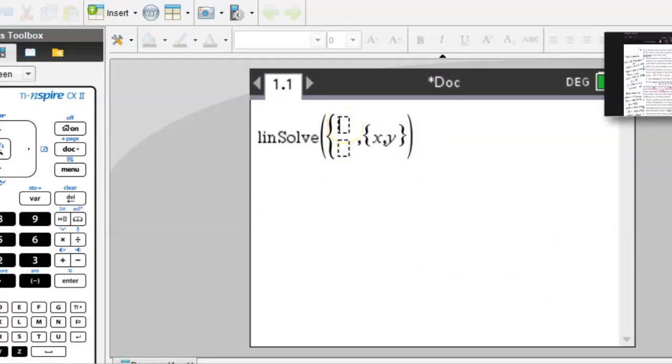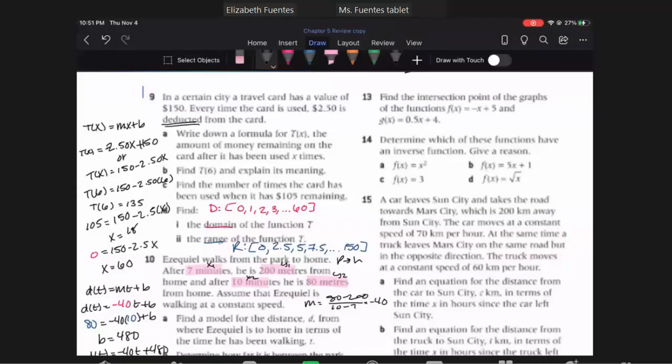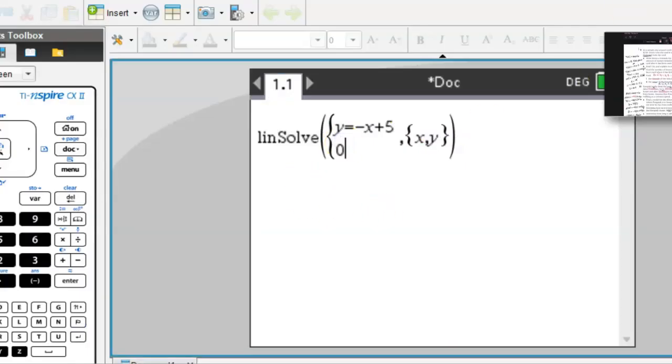So y equals negative x plus 5. And y equals 0.5x plus 4.